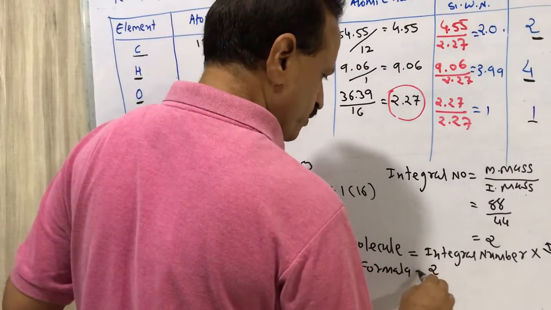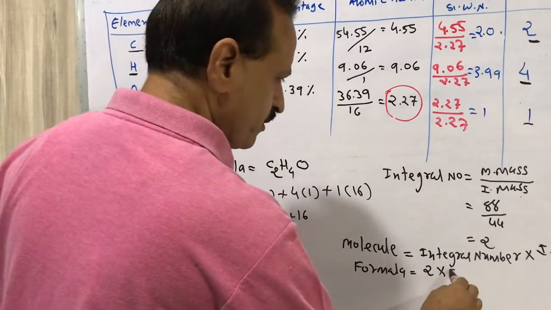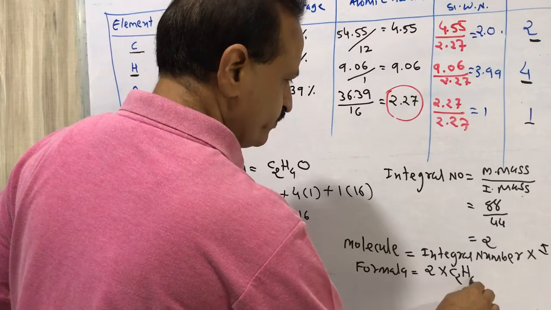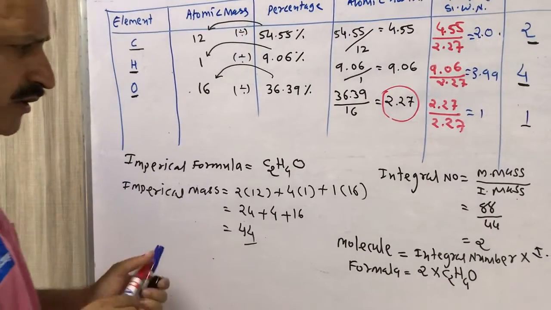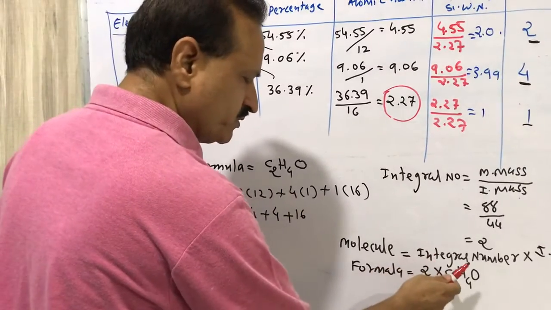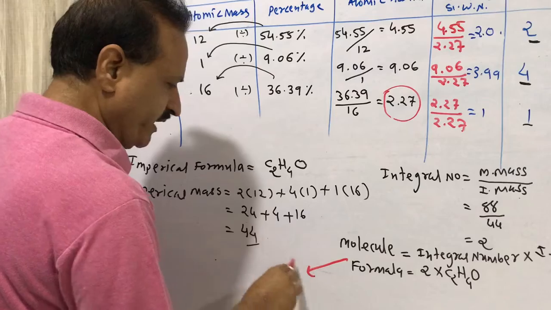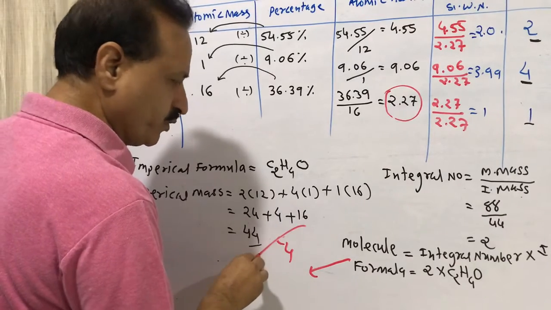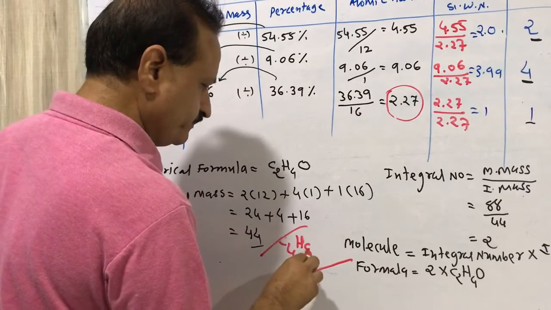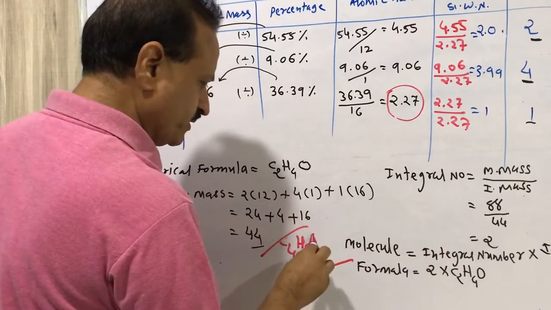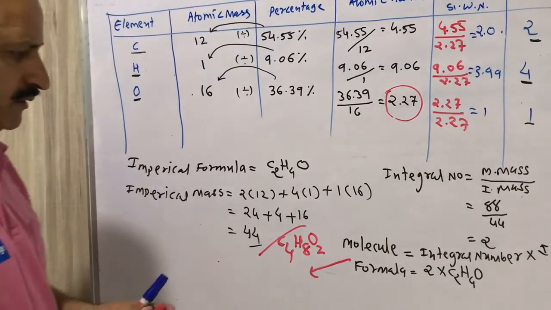Integral number is 2 and empirical formula is what? C2H4O. So molecular formula will be 2, 2 2s are 4 means it is C4. I am writing over here. It is C4, then H8, then O2. This is the molecular formula of the given compound.